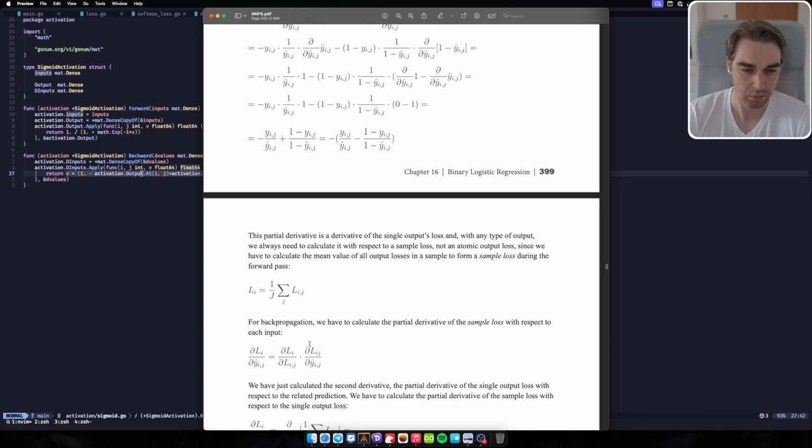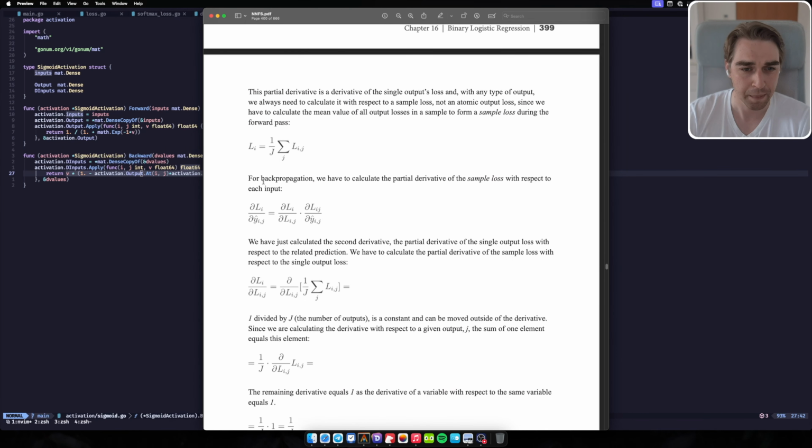For backpropagation, we have to calculate the partial derivative of a sample loss with respect to each input. We have just calculated the partial derivative of the single output loss with respect to the related prediction. We have to calculate the partial derivative of a sample loss with respect to single output loss.